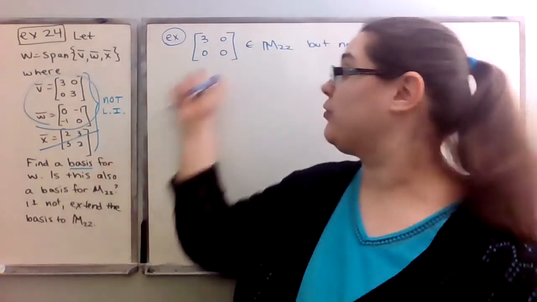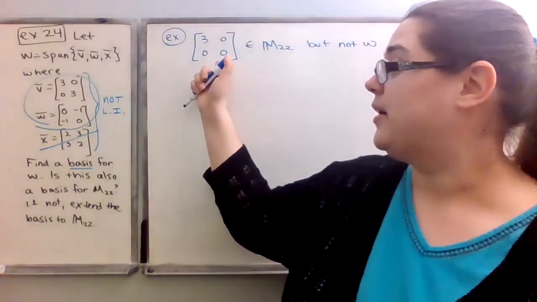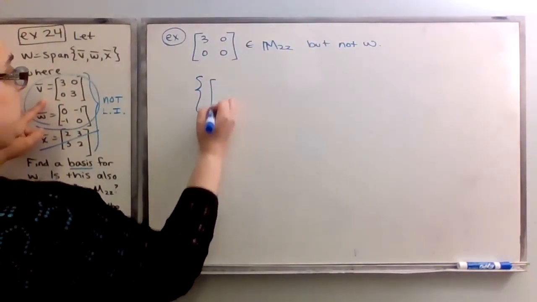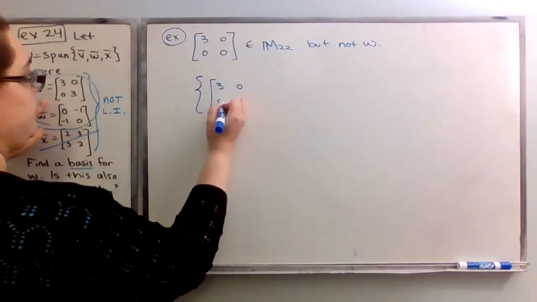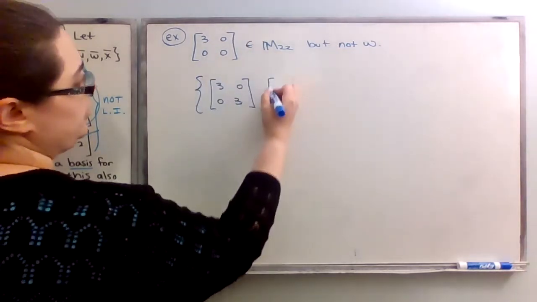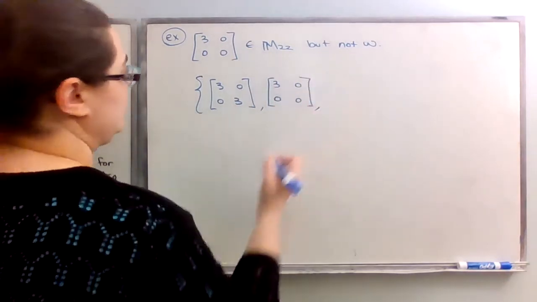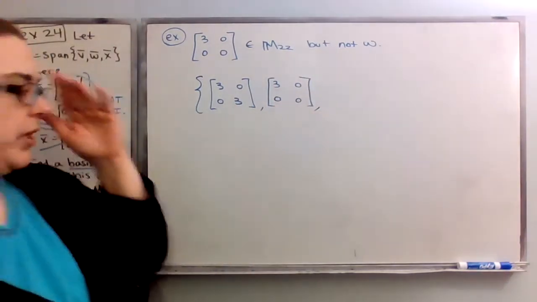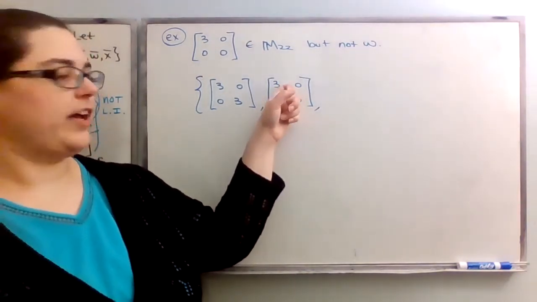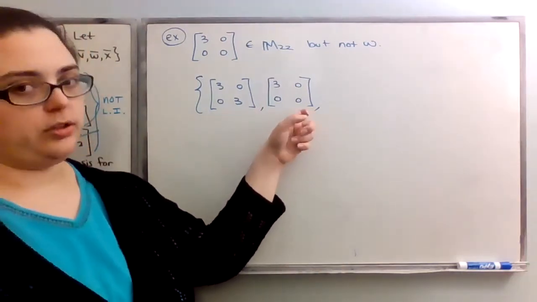So the good news is we already have one thing that we've got to extend, right? So we've got our V and W. So we have 3, 0, 0, 3. If I toss this vector in, now that's going to enable me to have not only matrices that have just one value in the top left, but also matrices that have a value in the bottom right alone.